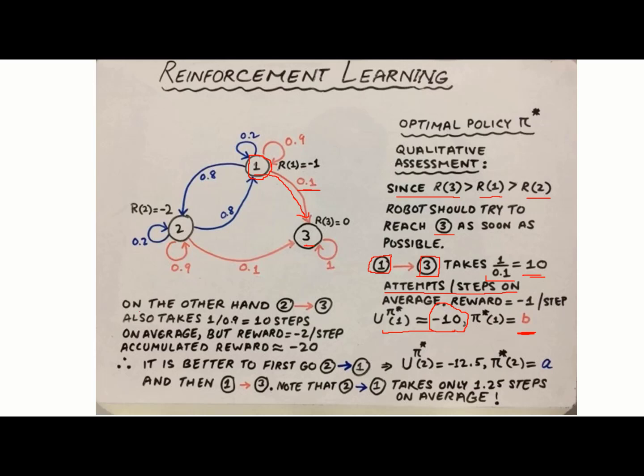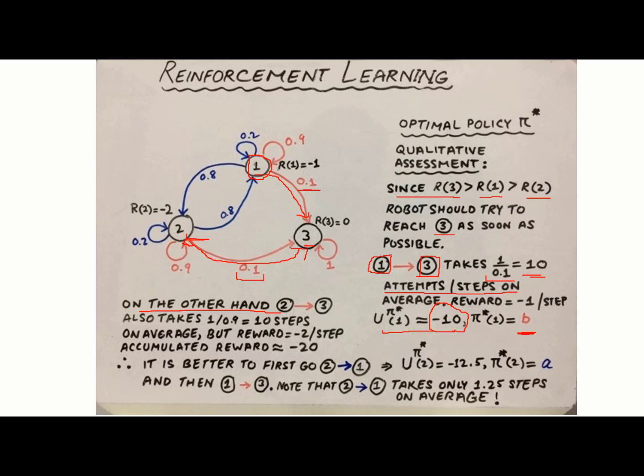However, if we look at state 2 as the starting state, then intuitively, we would like to go to state number 3 as quickly as possible, and here again the chances are very slim, the same actually, 0.1.